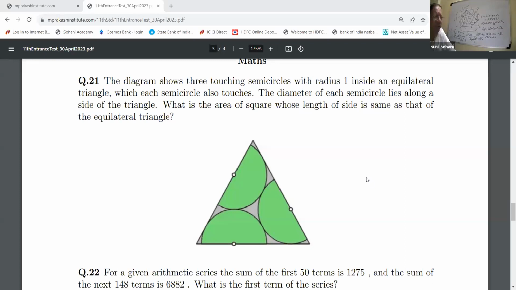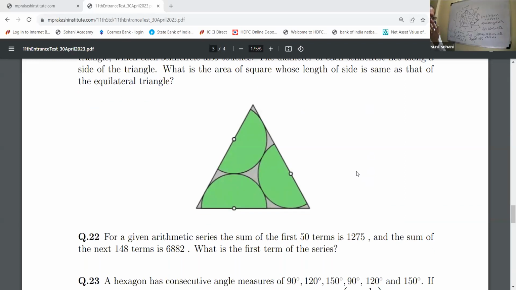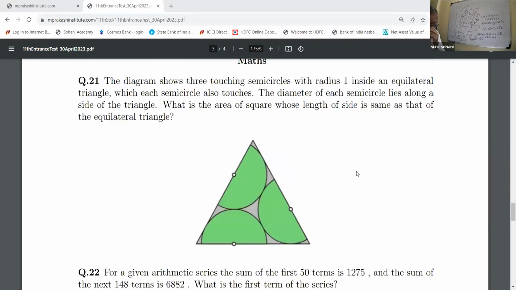Now I am sharing the screen for the next question, question 21. You can study the question, and by that time, I'll draw the diagram on the board. I'll rub the board now.